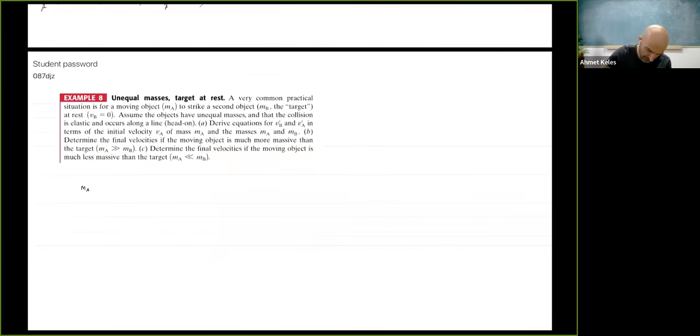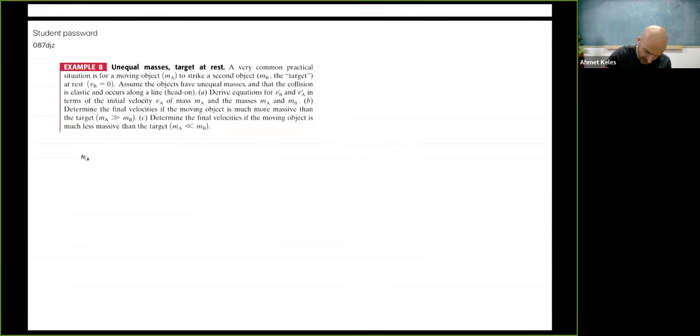All right, so first we start with momentum conservation, right? Let me write it from the beginning. What we have is MA VA plus MB VB should be equal to MA VA prime plus MB VB prime.